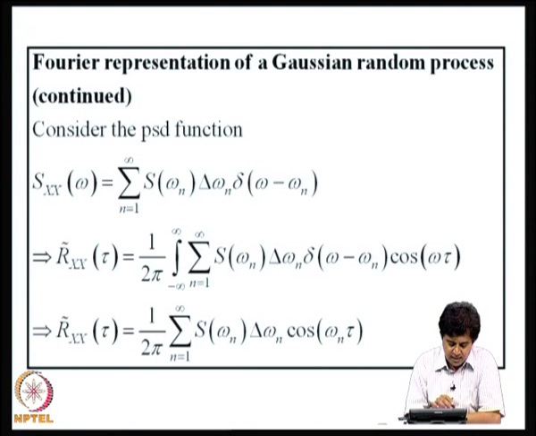Now, we will start the argument from a slightly different direction. Let us consider a power spectral density function which is given by the sum over n equal to 1 of S omega n delta of omega minus omega n. Corresponding to this, I get a covariance function which is, let me call it r tilde x x of tau, which is 1 by 2 pi times the corresponding transformation, following the relationship between covariance and PSD, and we can show that r tilde x x is 1 by 2 pi times the sum over n equal to 1 of S omega n delta omega n cos omega n tau.